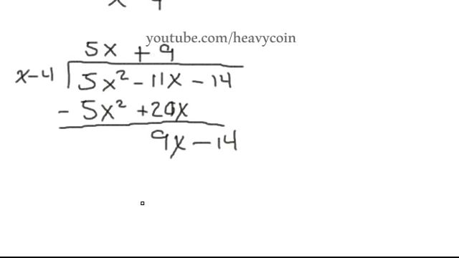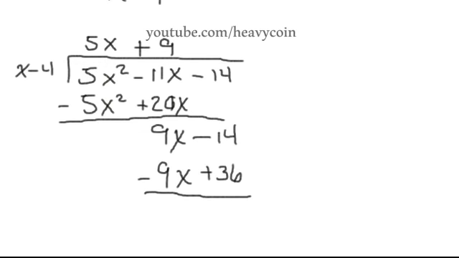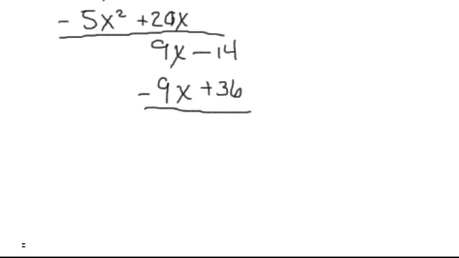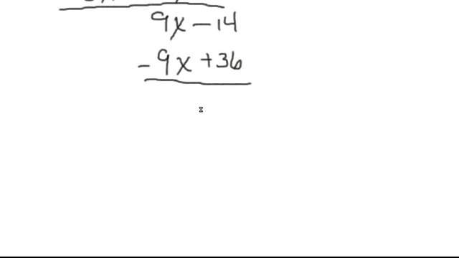Then we multiply back across, so this is 9x, 9 times 4 is 36. And of course we go minus, that becomes a plus. And so that becomes 22.